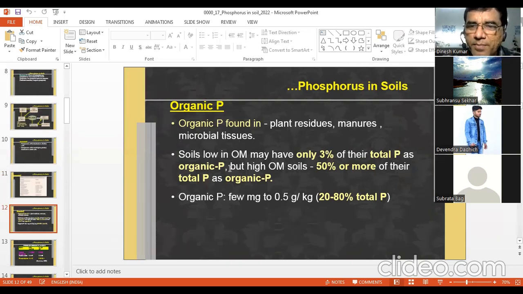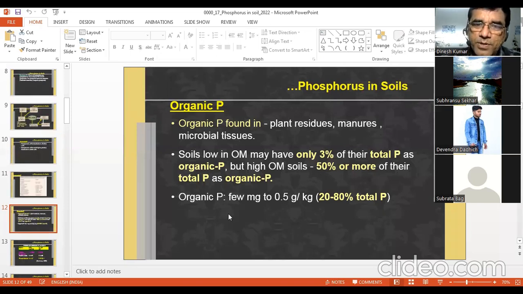But high organic matter soils may have 50% or more of their total P as organic P. So some soils can have 97% inorganic P and only 3% organic P, but some soils can have 50-50 also.